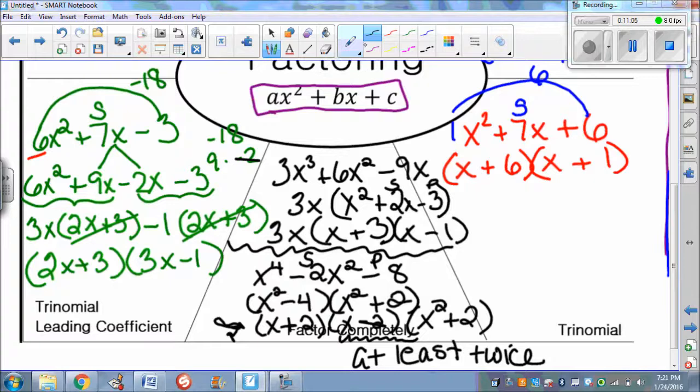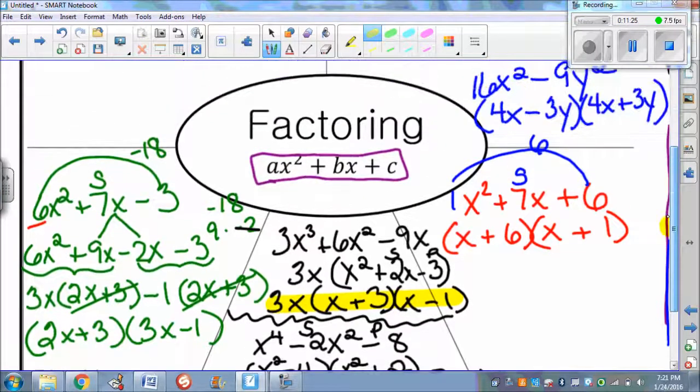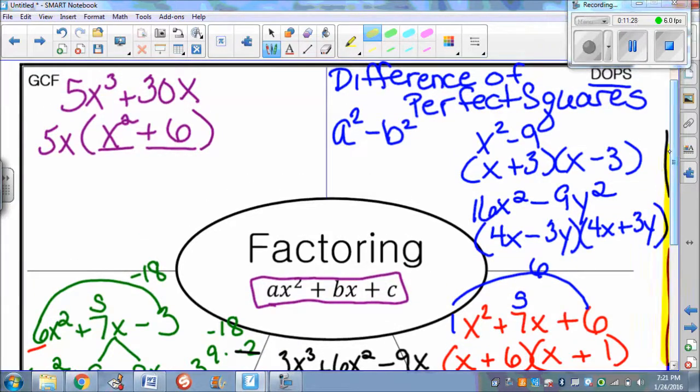So I'm going to highlight my final answer there because that got kind of messy with my stylus acting all wacky. And there's my final answer for that type. So two different types of factoring completely, but still you had to factor twice. All right, and you need to be able to recognize those. So hopefully this graphic organizer will help you pull all these different types together so that when you look at an expression, you'll know which one you need to use.